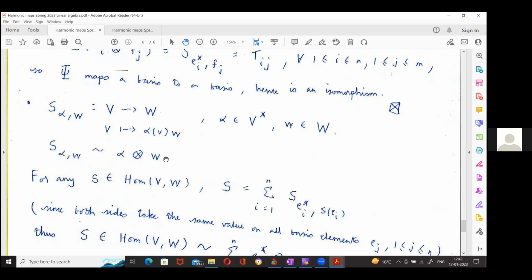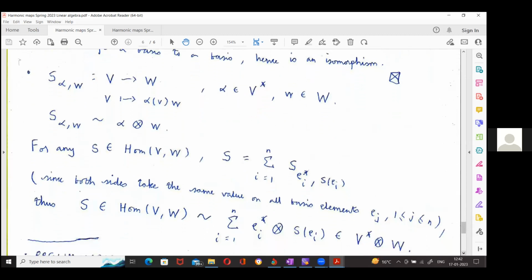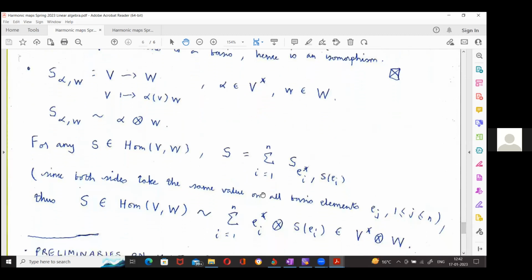And given any S in Hom(V,W), we can write it as a linear combination of these S sub alpha comma W in the following way. I can write S as the summation i goes from 1 to n, S sub e_i star comma S of e_i. Because if I apply this to any basis element e_j, what is this going to do?